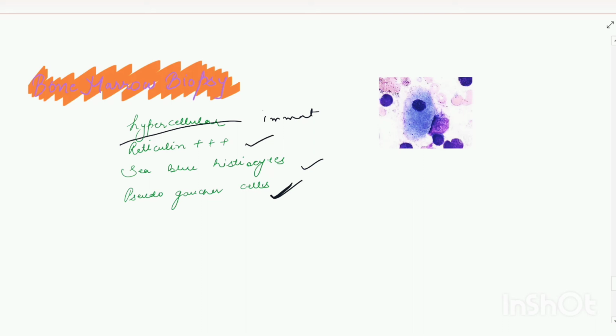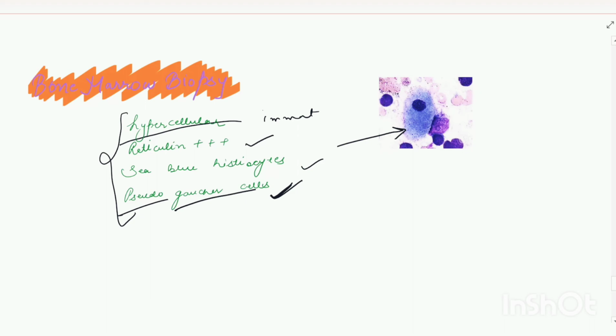And why do we call them pseudo-Gaucher cells? Because they appear like Gaucher cells. Like this is a Gaucher cell. It does not have any cytoplasmic granules or ferritin. Ferritin staining is also not present. So these things we see in a bone marrow biopsy.